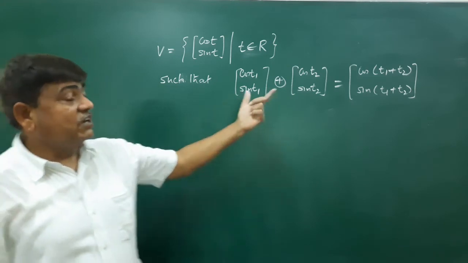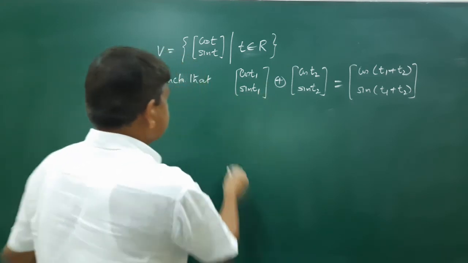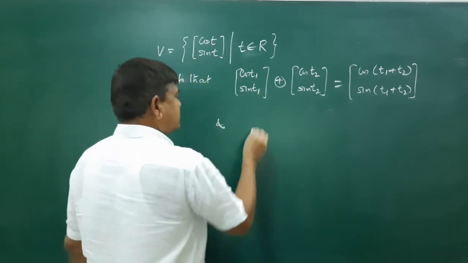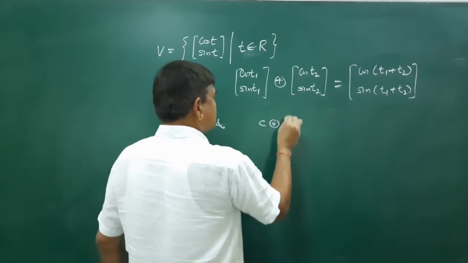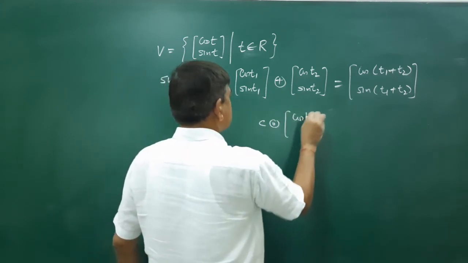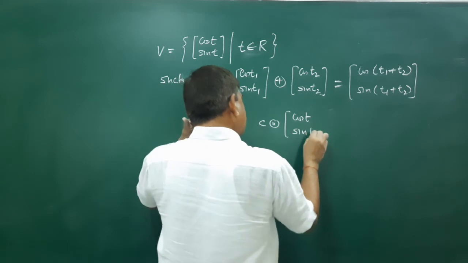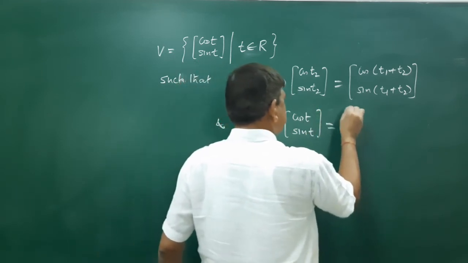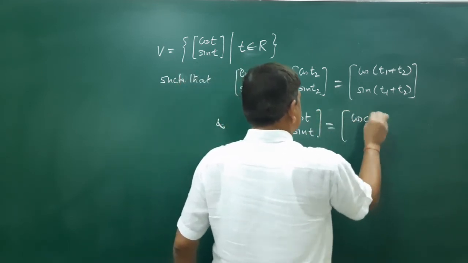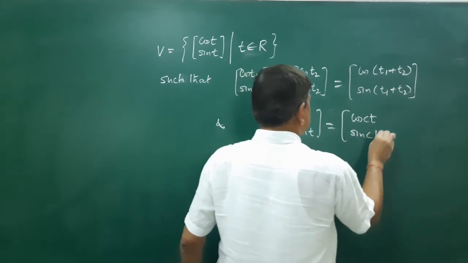Remember, it is not component wise. So be careful. And scalar multiplication, I hope it was c times cos t, sin t.